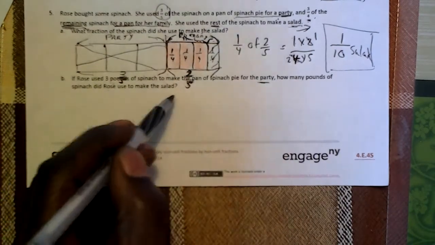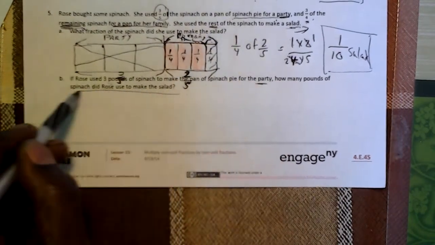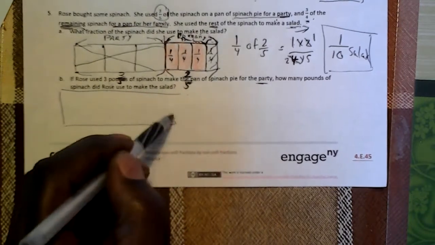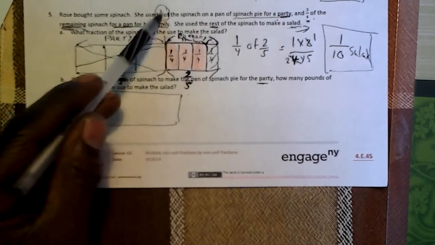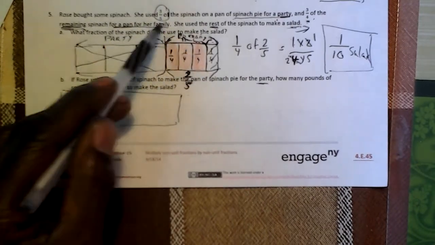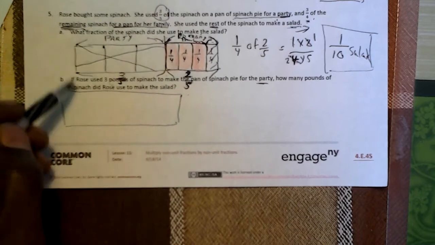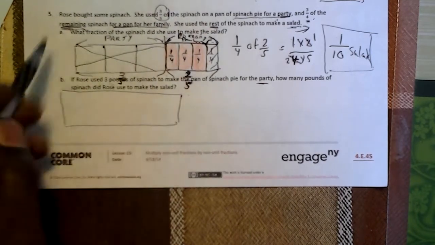Okay, so let's do our tape diagram again. So we have a tape diagram, yes? And how many did she split it into? She used 3/5, right? For the pan for the party.